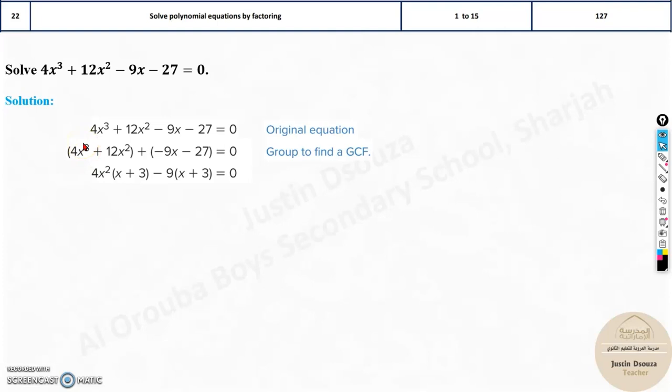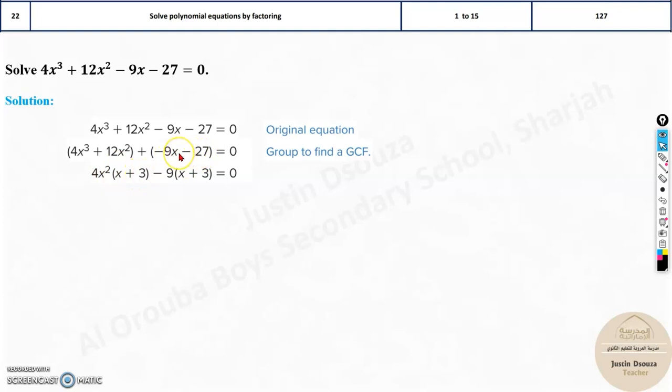It is the repeating term in both places. You can see over here, x to the power 2 is there in both these, because x cube and x squared both have x to the power 2. And over here 4 is also the common term, so you write 4x squared bracket x plus 3.